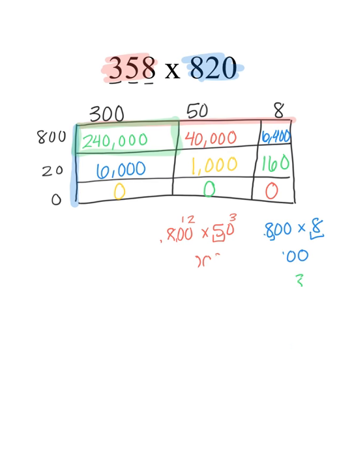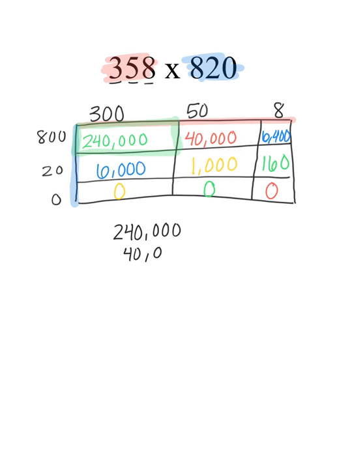I'm going to make myself some room here. So I'm going to add 240,000, 40,000, 6,400, 6,000, 1,000, and 160.